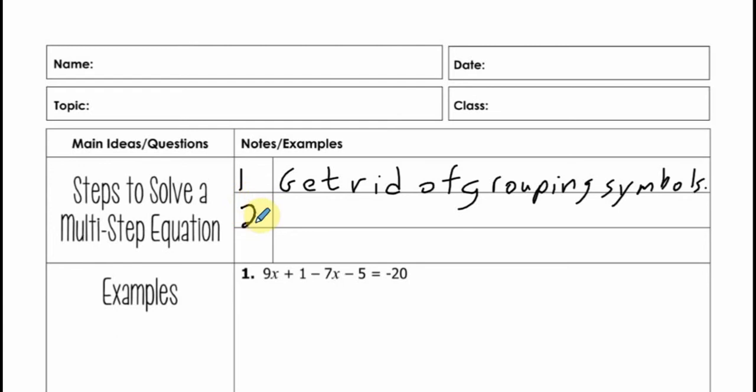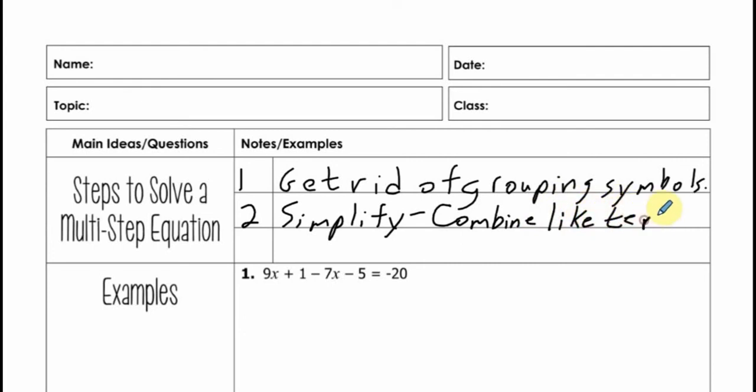All right, number two, simplify. Means combine like terms. All right, and step three is going to be get x by itself in the reverse order of operations.